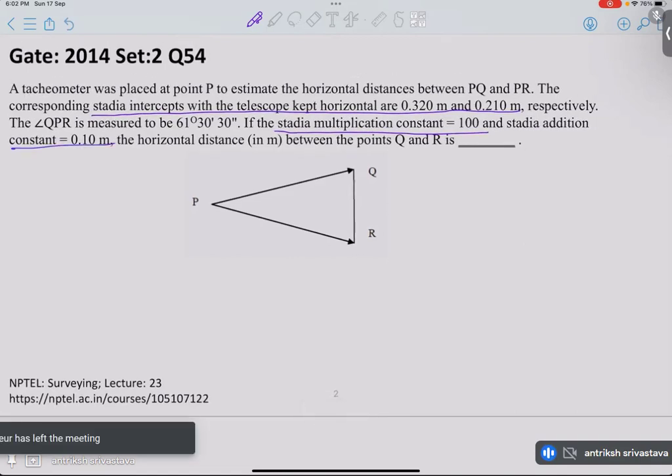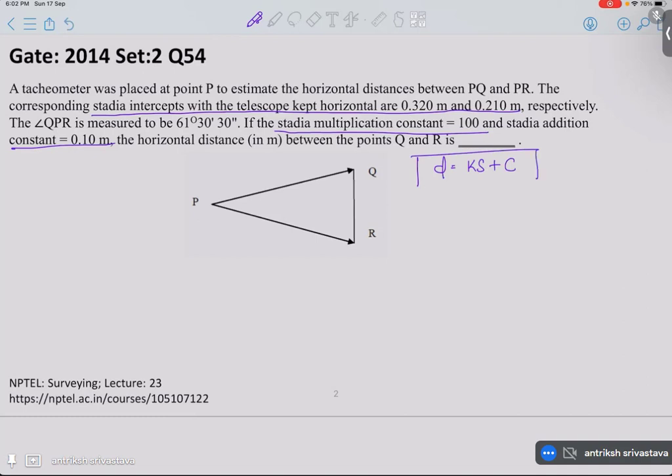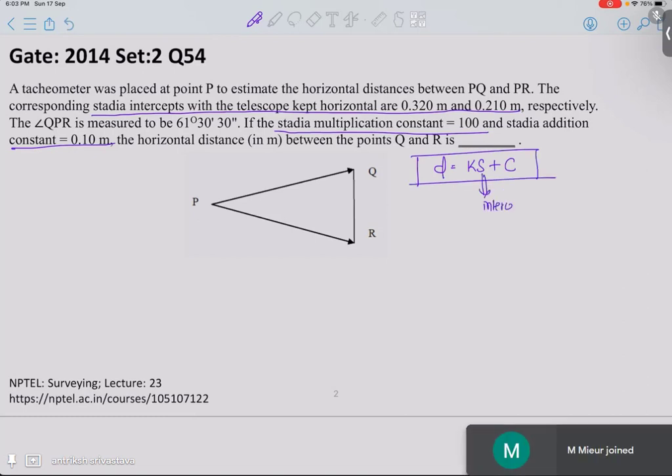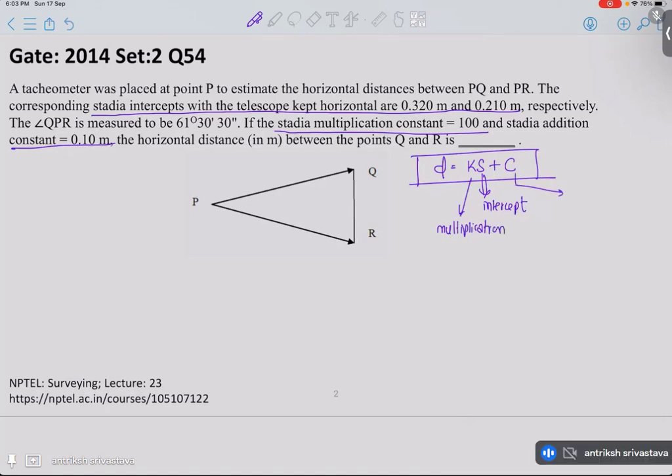Fairly simple. If you have done surveying in your bachelor's, you will remember this. You remember some formula like D is equal to Ks plus C, where S was your stadia intercept, your K was your multiplication constant, and C was your addition constant.